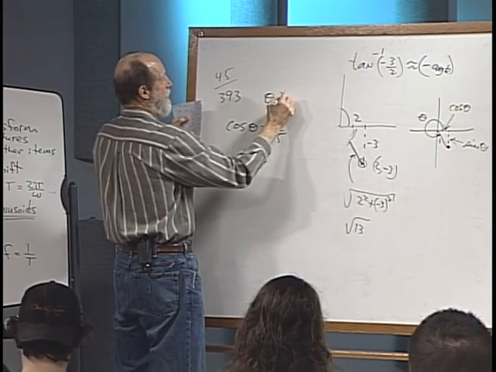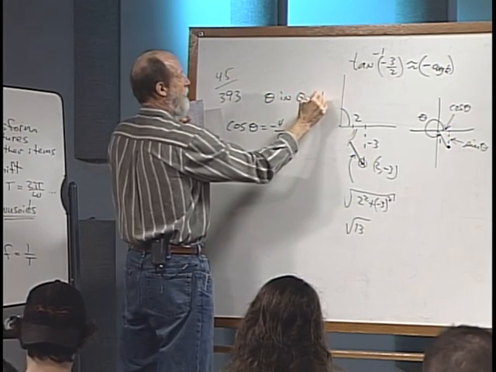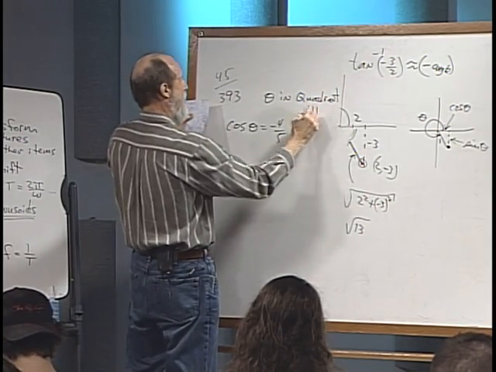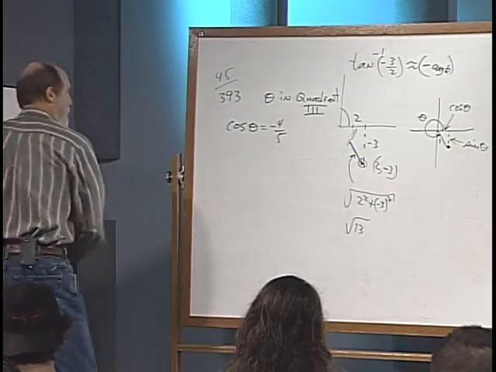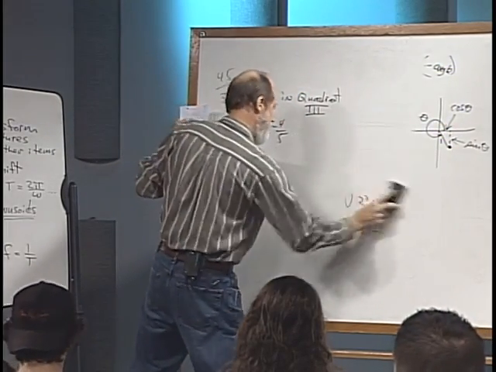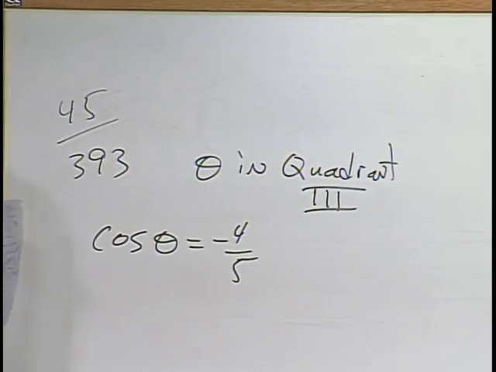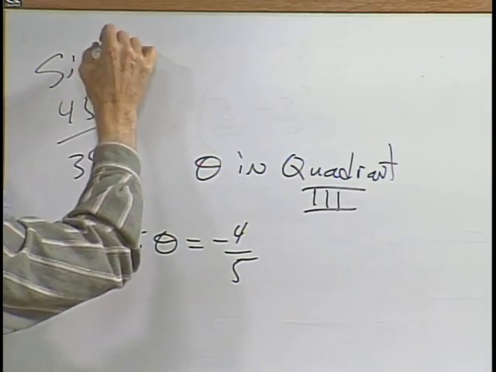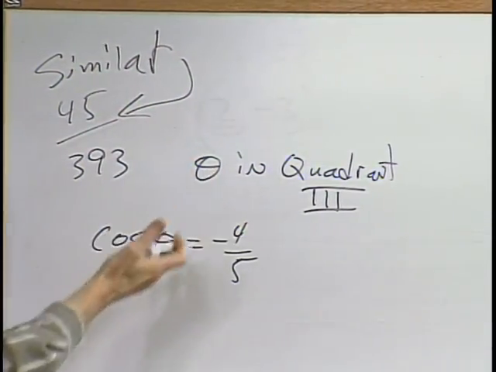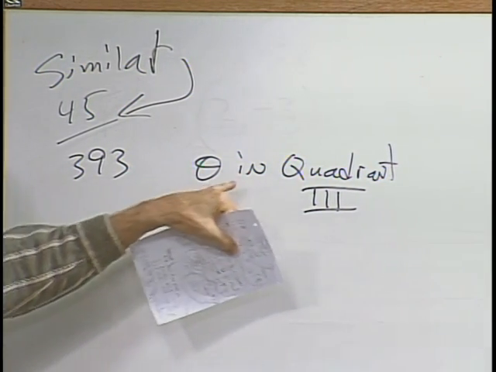Theta in quadrant 3. Does this match the problem in the book? Anybody notice? It's similar, okay? It's similar to this problem, okay? So you're given this trig ratio and you're in quadrant 3.